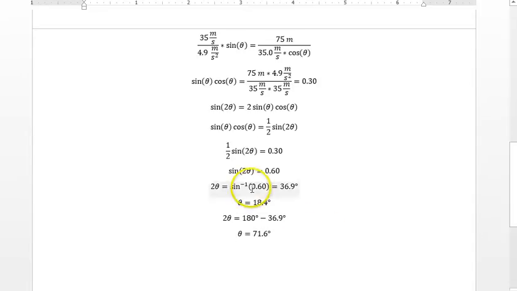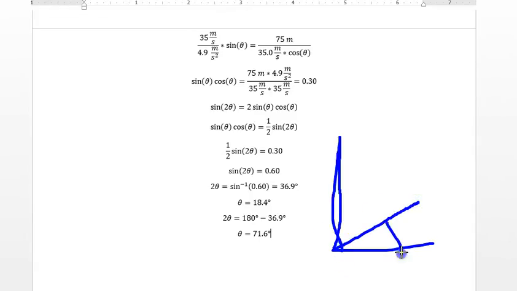All right? So what I'm saying right now is we have 2 solutions. One is theta is 18.4. The other is theta is 71.6, right? This also happens to be 90 minus 18.4. So if you look at it, the 2 solutions we have are an angle like that, that's 18 degrees there, and an angle that's like that, that's 18 degrees there.